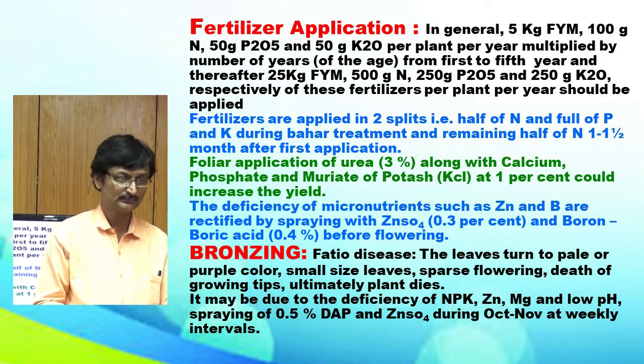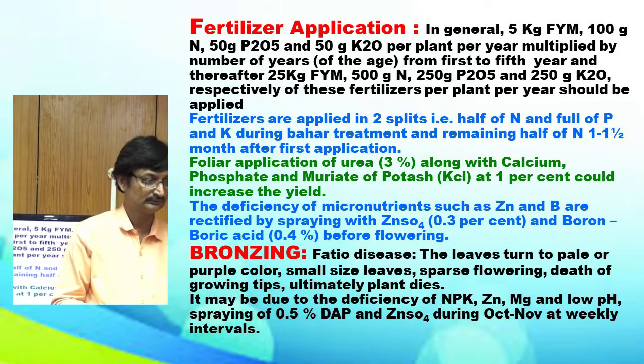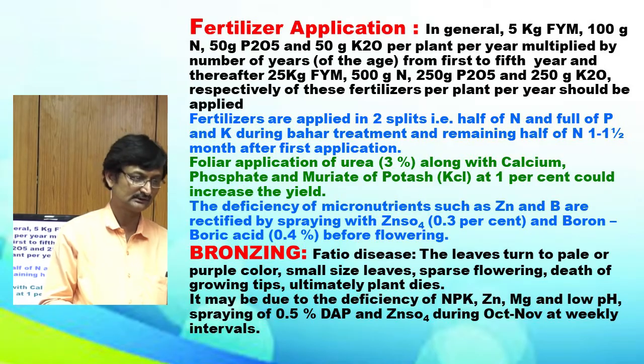If it is applied in terms of urea, SSP and MOP, it can be calculated by the multiplication factor: urea 2.17, SSP 6.25 and MOP 1.67.